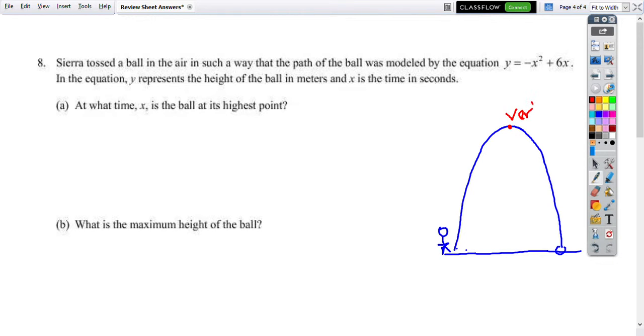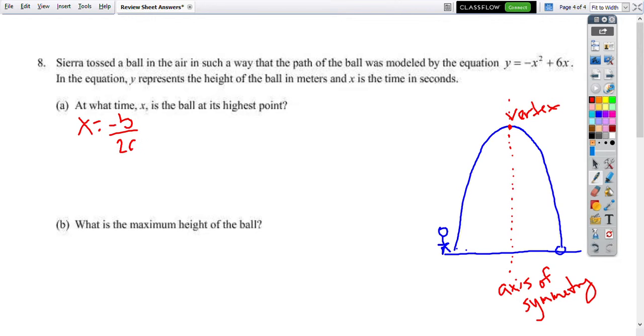So what we need to do is figure out what the x value is, and that is referred to once again as the axis of symmetry. So for the x value, we're going to do that negative b over 2a again.